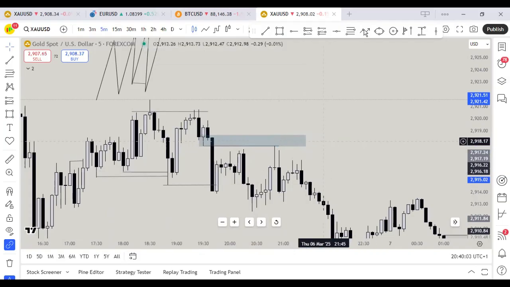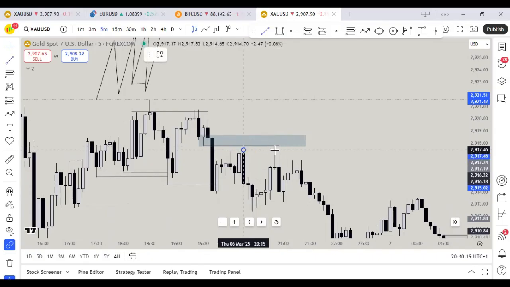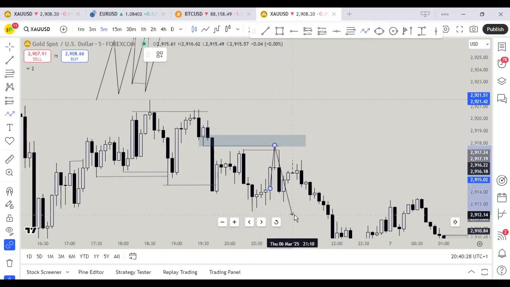Even though market takes you out and taps that POI, with my own experience, market does not make this move all the time because market only seeks liquidity. As soon as liquidity has been taken out, market has no business of going up again. Market will start going bearish immediately.